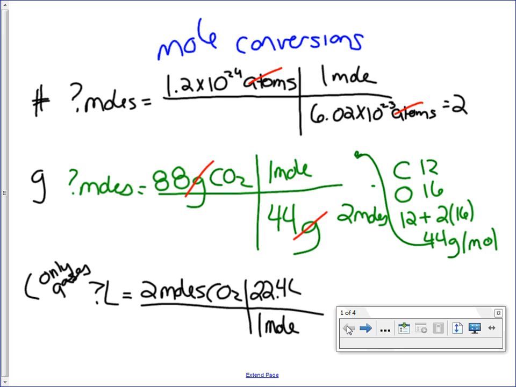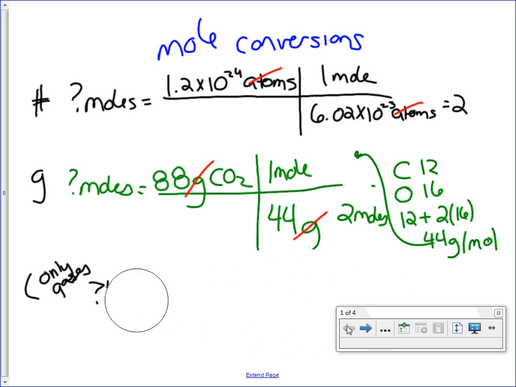Okay? Moles cancel, and I'm left with 44.8 liters. It does not matter what the gas is, this 22.4 is the same for all gases at STP, or standard temperature and pressure.